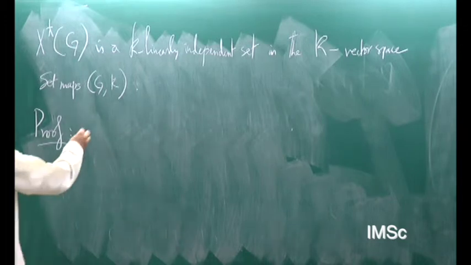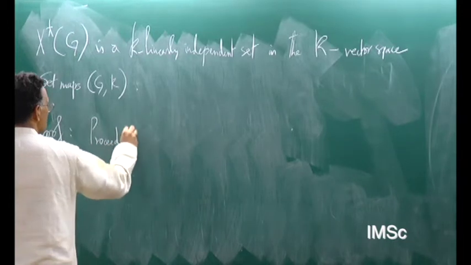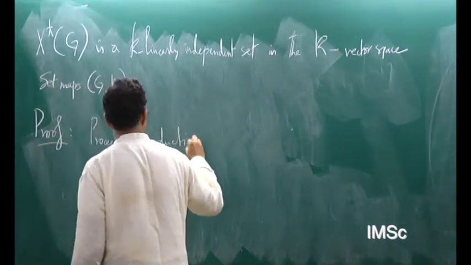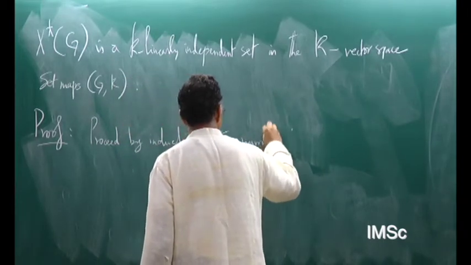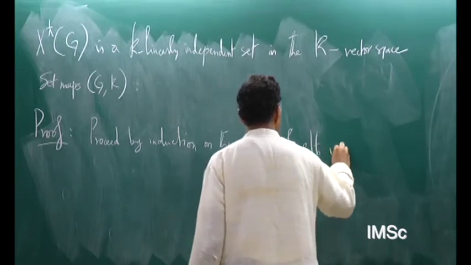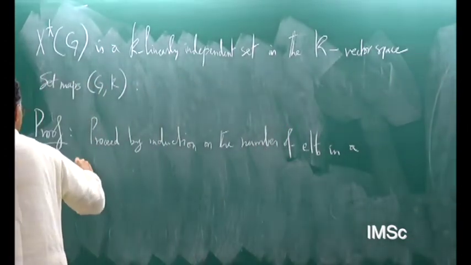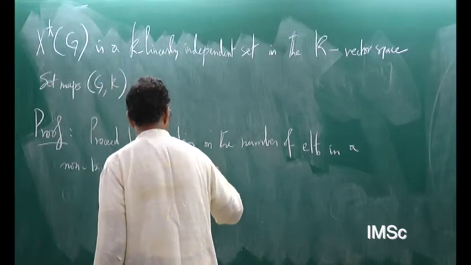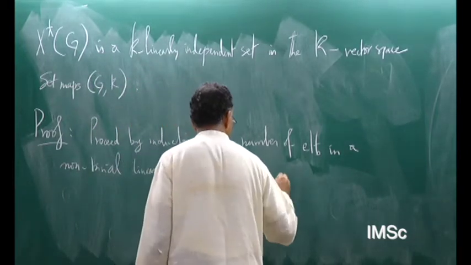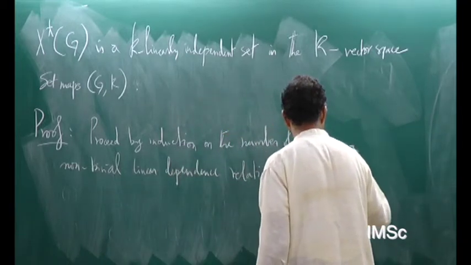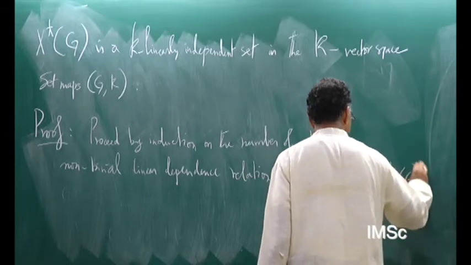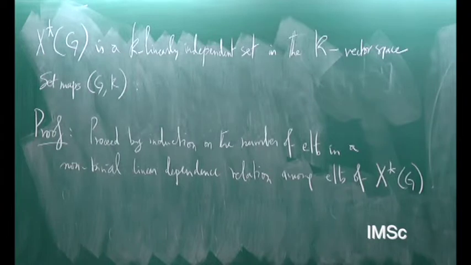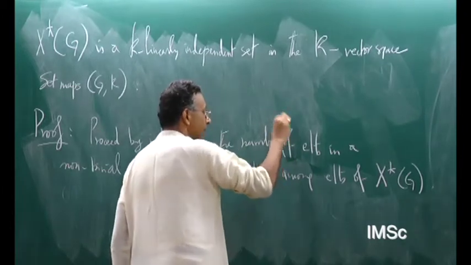Okay, so proceed by induction on the number of elements in a non-trivial linear dependence relation among characters, among elements of X star G. Let's call this number n.